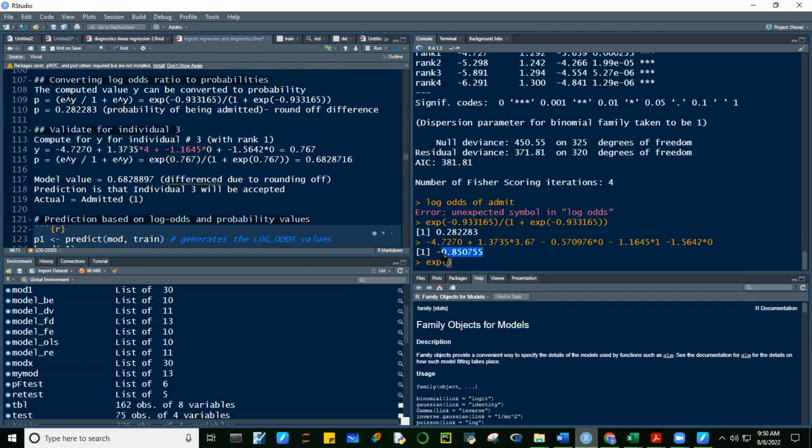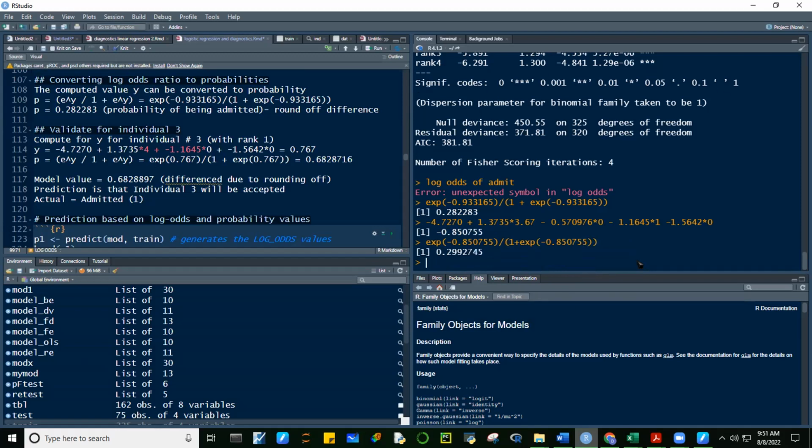So, this is our y. And then divided by 1 plus e to the y. So that's now your probability. P na yan. And I'm getting the answer of 0.299.